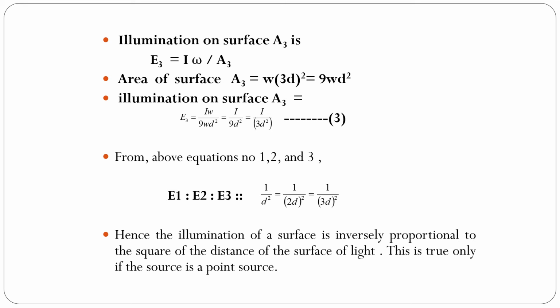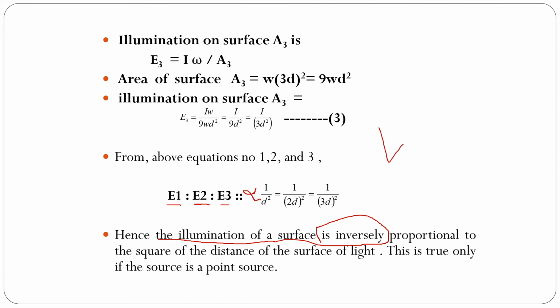So finally, from the above equations 1, 2 and 3, we conclude that E1, E2, E3, meaning the illuminations for area 1, area 2 and area 3, are 1 upon d square, 1 upon 2d square, 1 upon 3d whole square. Hence the illumination of a surface is inversely proportional.